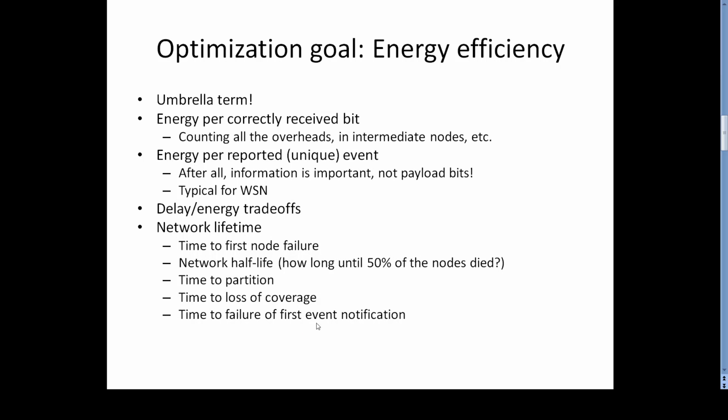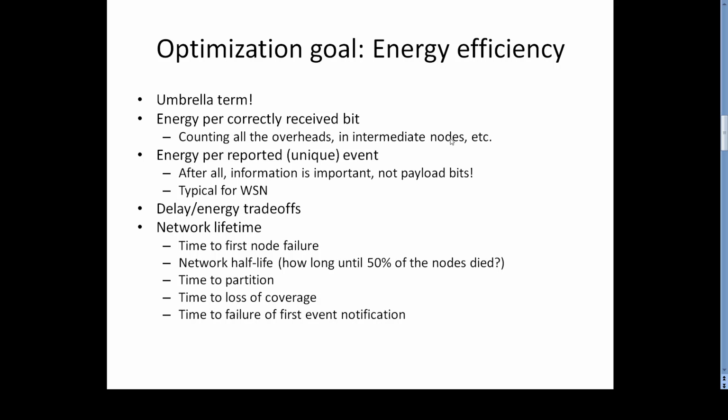The second optimization goal is energy efficiency. So what is the energy that has been spent for correctly receiving a single bit, counting all the overheads in intermediate nodes and the payloads that are present?